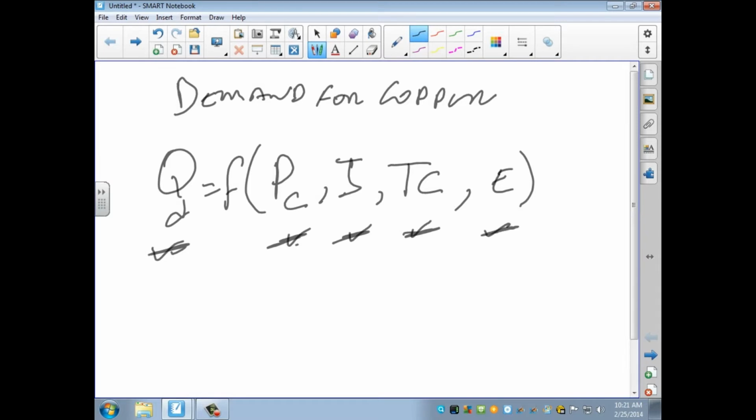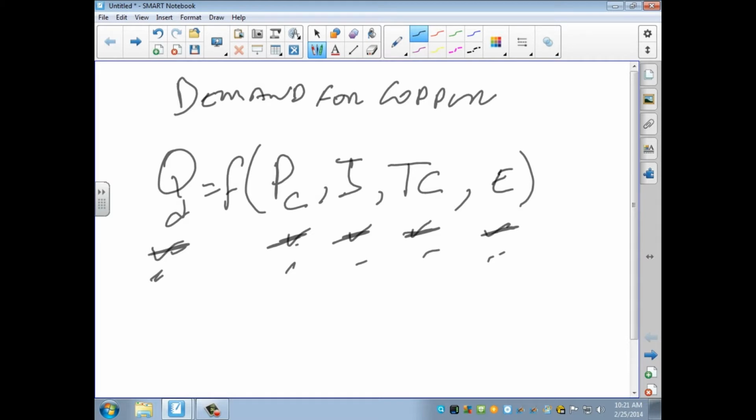So the way we would do it is we collect data for all these 5 variables, and then feed it into the computer. You can use Excel, you can use SPSS, any statistical program, and do a simple multiple regression.